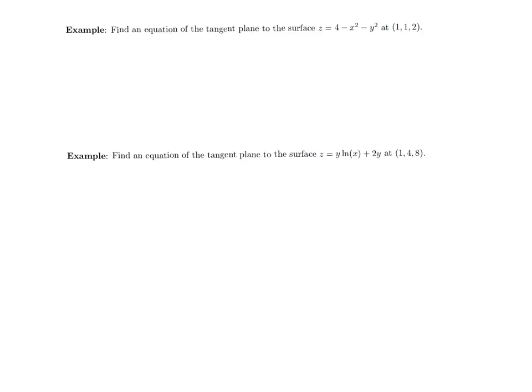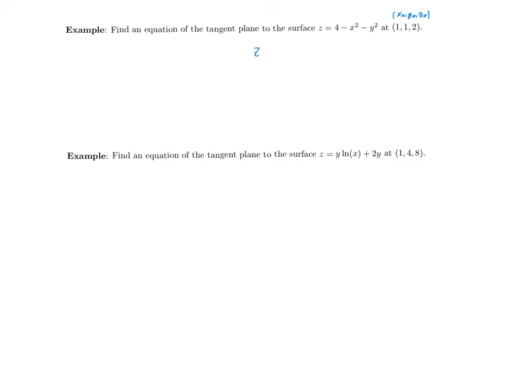For our first example, we will find an equation of the tangent plane to the surface at this point 1, 1, 2. And to get started, I'm going to go ahead and write down a generic template for the equation of this tangent plane at the point 1, 1, 2, which corresponds to x naught, y naught, z naught in that previous definition.